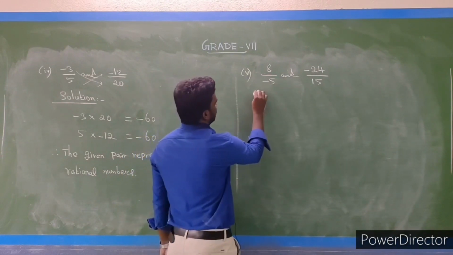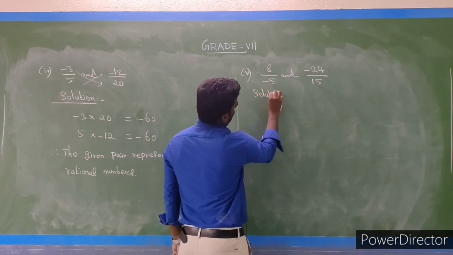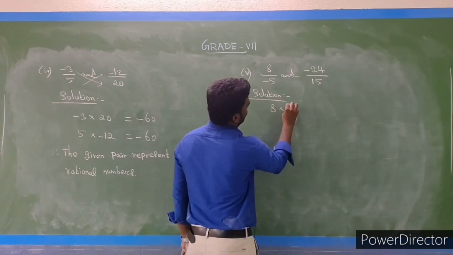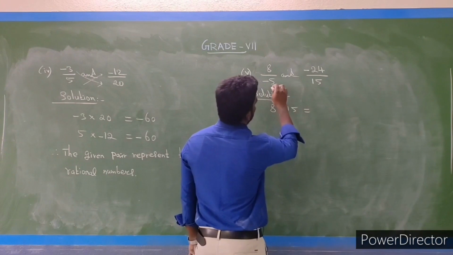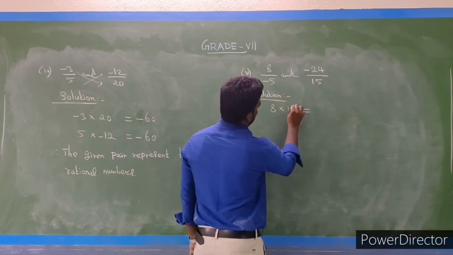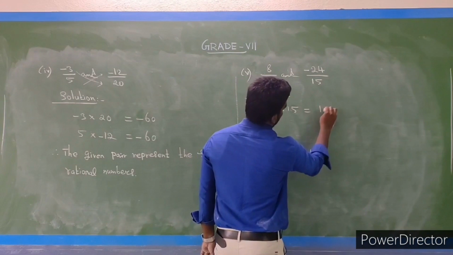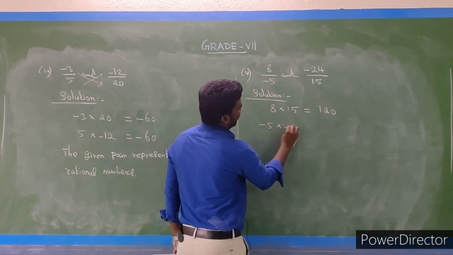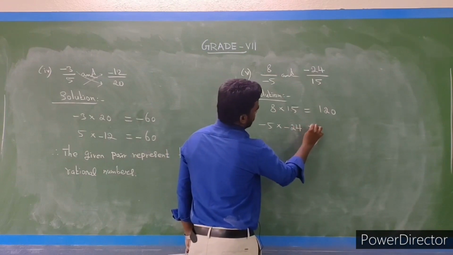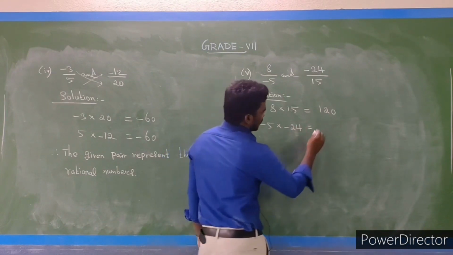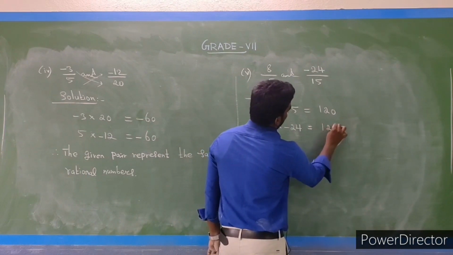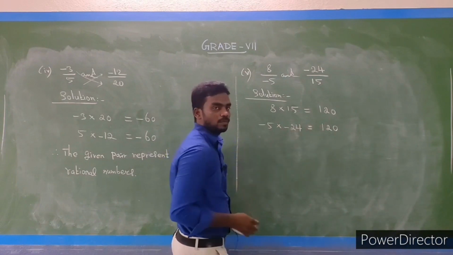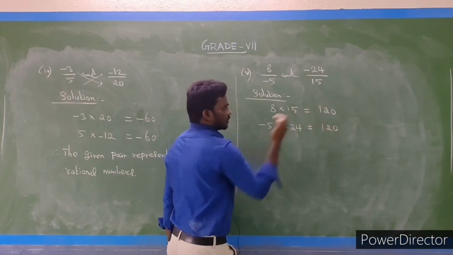We can cross multiply here. 8 into 15 is 120. Next, minus 5 into minus 24: 5 into 24 is 120, and minus into minus is plus. So 120 is equal to 120.